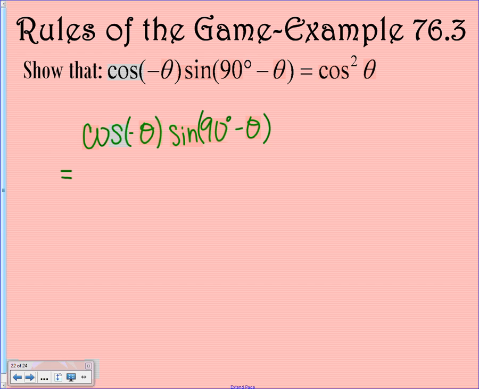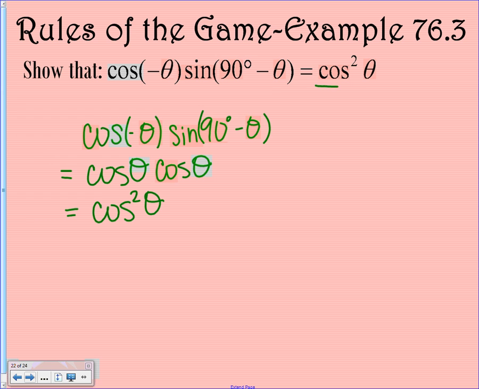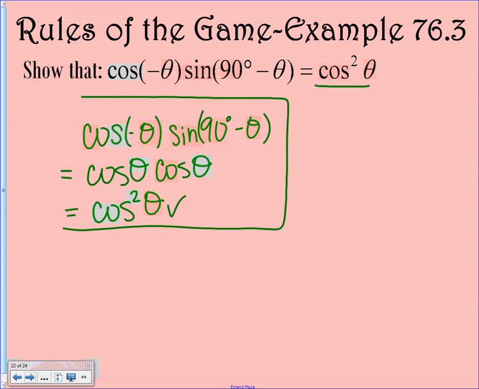Well, if you look back, the cosine of negative theta is just the same thing as cosine of theta. And then what is the sine of 90 minus theta? Well, if you look back, the sine of 90 minus theta is the same thing as just cosine. And so cosine times cosine is cosine squared. And that is what we have right there on the right. So this would be our answer.